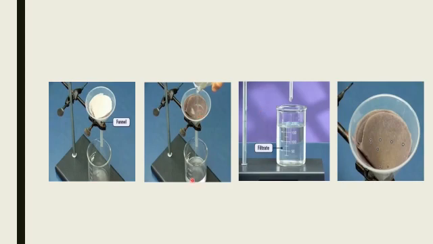The clean water, see here, it passes through the pores of this paper and gets collected in this beaker, right? And this pure water is known as filtrate. What I said? Filtrate. Okay.